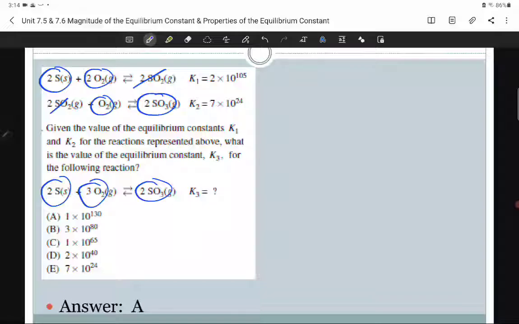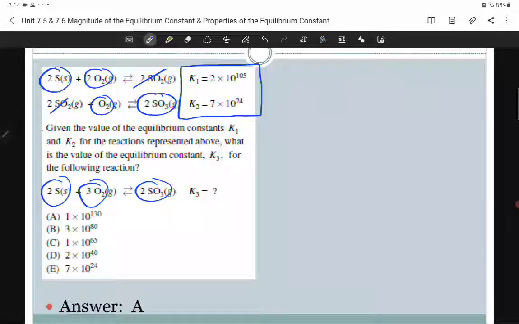Now, yes, there's positives in between the 2 reactants, but if we would combine these and put them into a K expression, there's no additions and subtractions there. There's multiplications and divisions. So we can kind of keep that idea in our head for if we try to combine these K's.